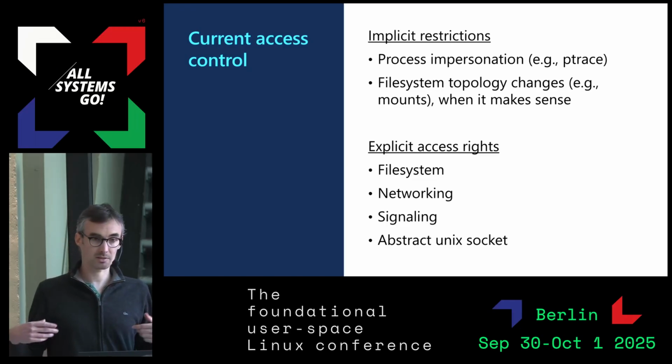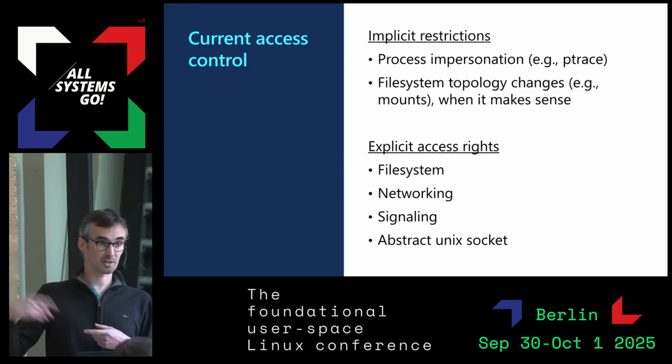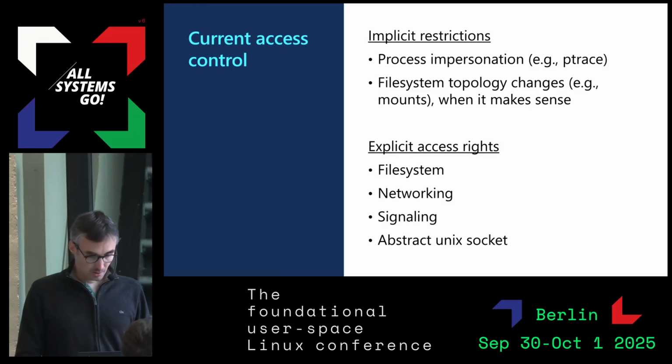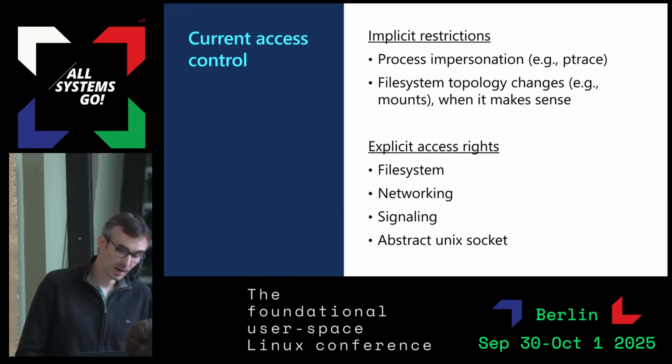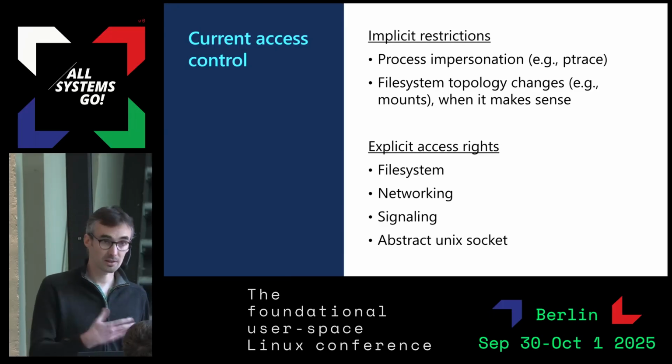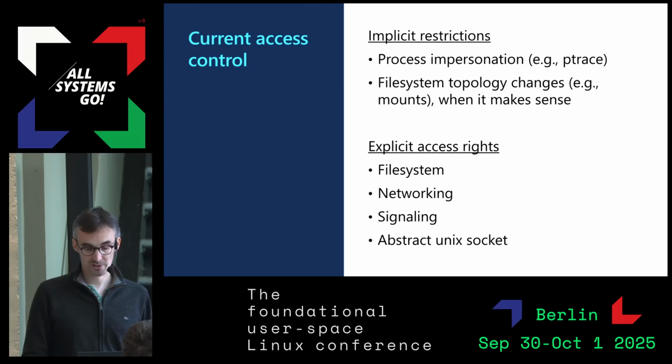You can ptrace processes in the same sandbox or in a nested sandbox, but not in a parent sandbox or outside of the sandbox. Same thing applies for file system topology changes. So it means you cannot mount whatever you want. Otherwise, that could be a way to avoid some restrictions. But the important part is that you can have some explicit rules on the file system, and on some IPCs, to only allow access to some file directories or network ports, for instance.